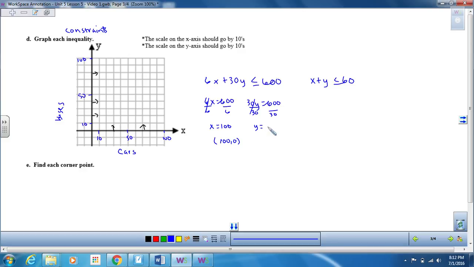Okay, so we get 20. So (0, 20). All right, so this line is (100, 0) and (0, 20). So I'm going to draw that in, and that'll be a solid line. Okay, and I want to shade below.